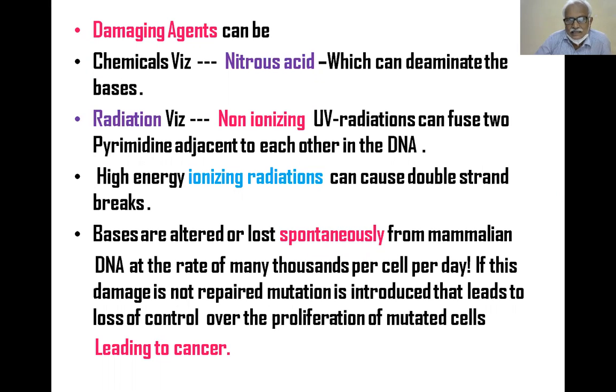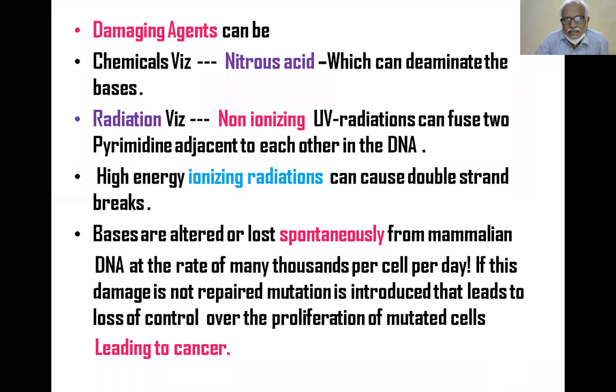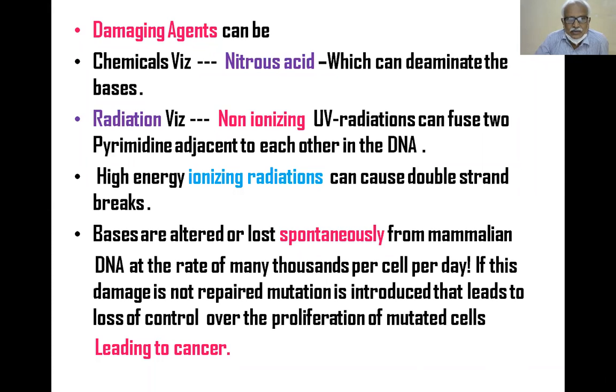That's why this nitrous acid will be there when there are so many lightning thunders, and when raining is there, these rains will carry the nitrous acid, and the people who drench themselves for fun or unexpectedly can't help themselves will be drenched by this water rich in nitrous acid, and this nitrous acid can deaminate the bases. So this is one damaging agent.